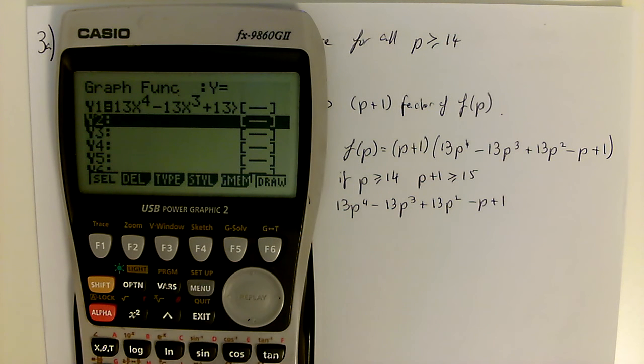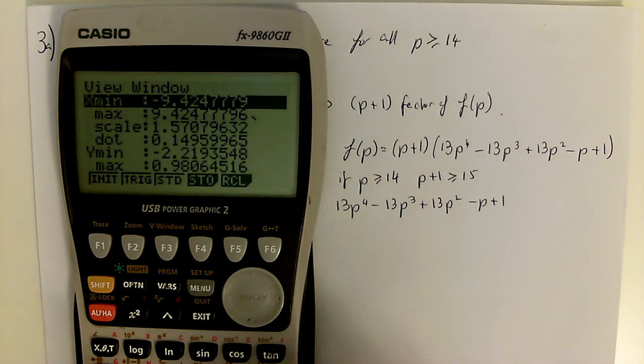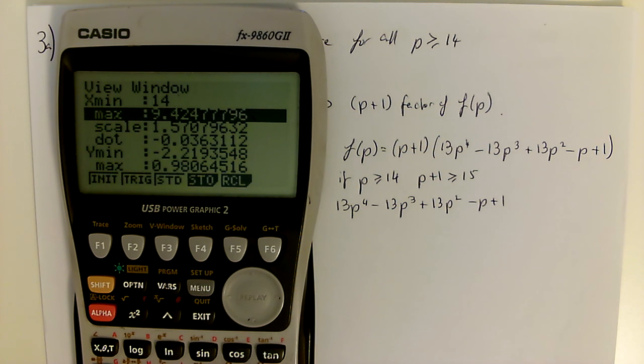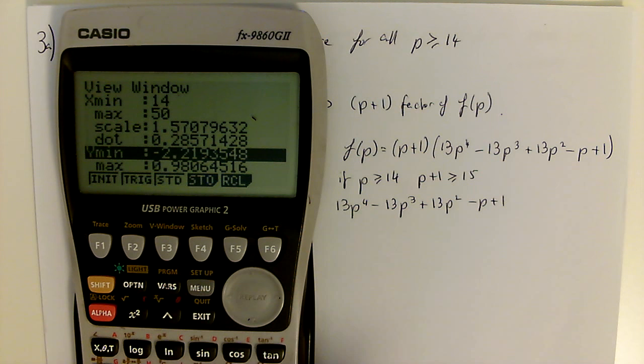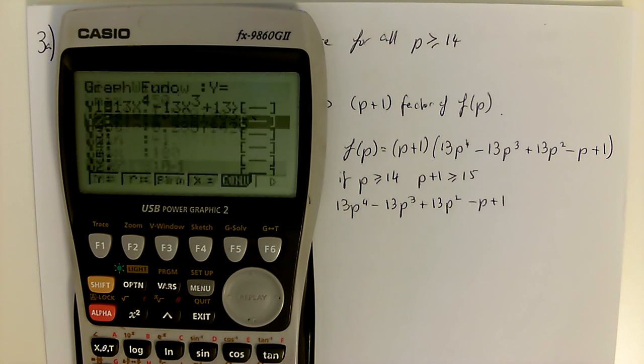And my view window, I want my x's to go from 14 upwards, so my x minimum is going to be 14. I have a feeling that I'm going to need massive numbers. Let's go up to 50. And my y minimum, I'll just do minus 1 because I want to make sure it doesn't go past 0. And let's do up to 100.